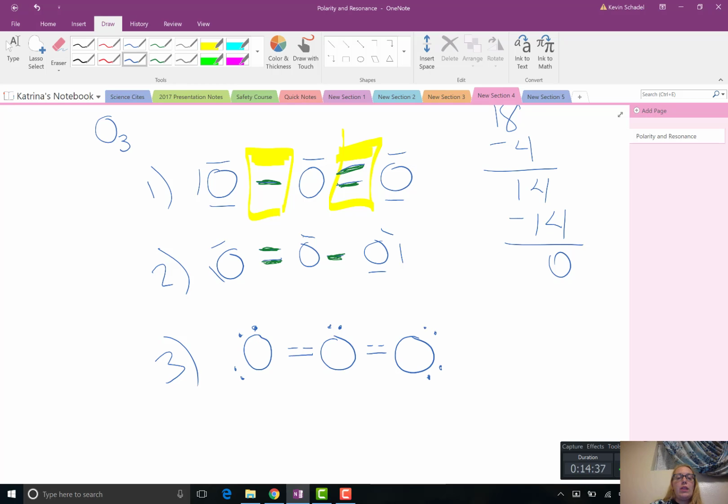And the way that they're most often represented is with this kind of double arrow to show that these things are creating that third thing.